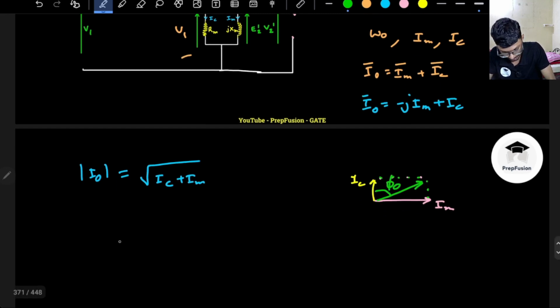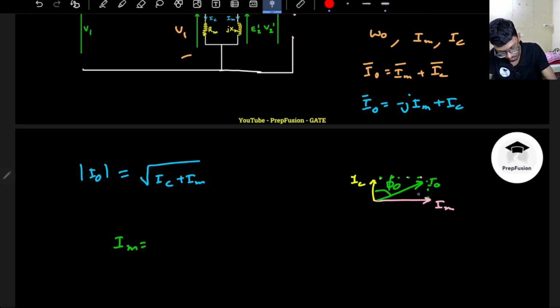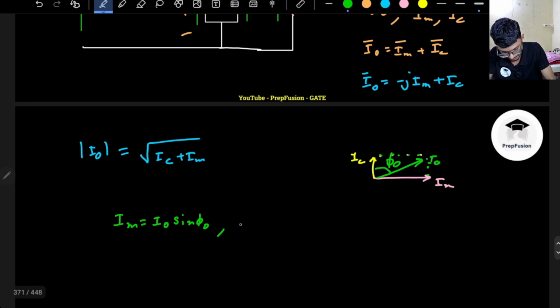So IM will be IO sin phi naught, and my IC will be IO cos phi naught.